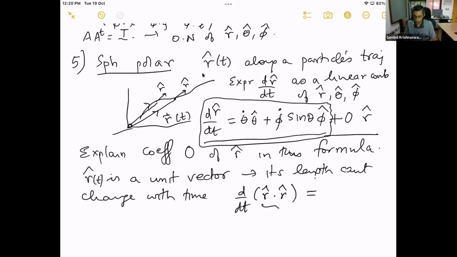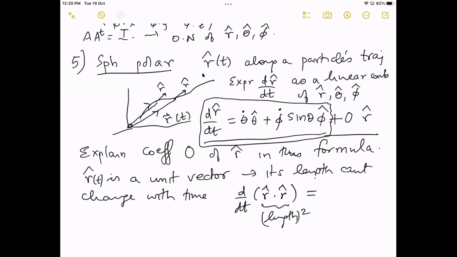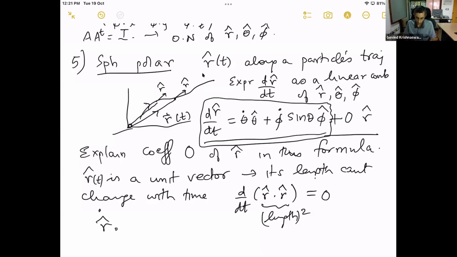See, r hat dot r hat is the length squared. So what is d by dt of r hat dot r hat? 0, because the length can't change, or the square of the length cannot change. This must be 0. Well, let us work out what it means. It means that r hat dot r hat dot, using the Leibniz or product rule of differentiation, plus r hat dotted with r hat dot equal to 0.